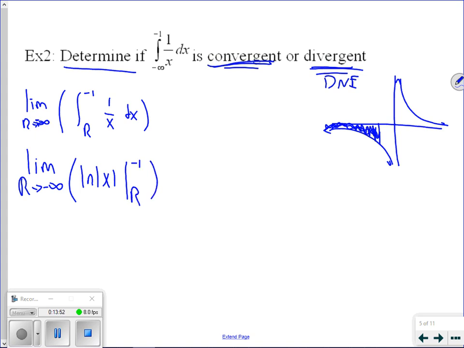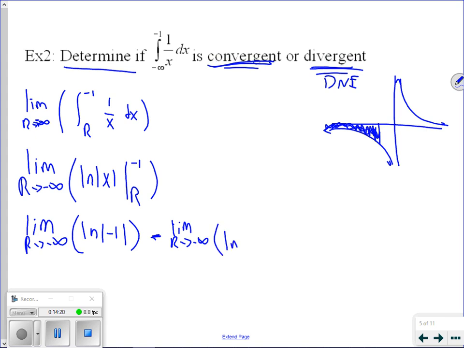So we have the limit as r approaches negative infinity, and we're going to plug in negative 1 and subtract, plugging in r. I'm going to go ahead and split up the limits as we do that. So that's the ln absolute value of negative 1, and then minus the limit as r is approaching negative infinity of the ln of the absolute value of r.